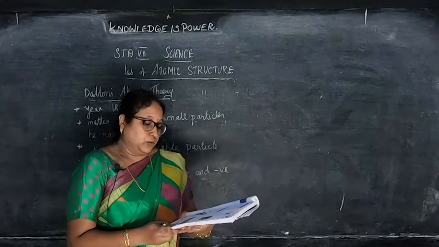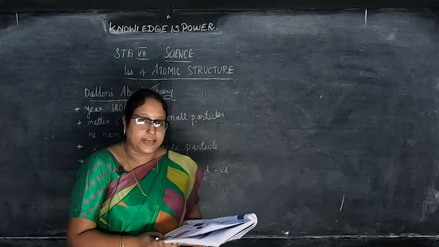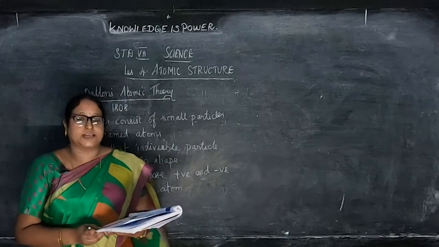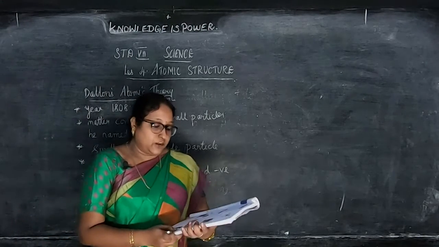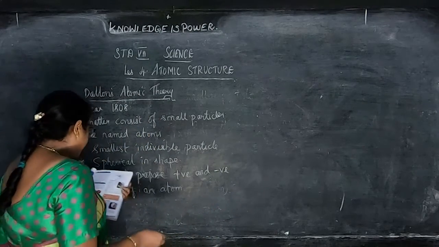Now, do you know, the nanometer is the smallest unit to measure small lengths. To measure small lengths, what are they using? Nanometer. And 1 nanometer is equal to 1 into 10 to the power of minus 9 meters.